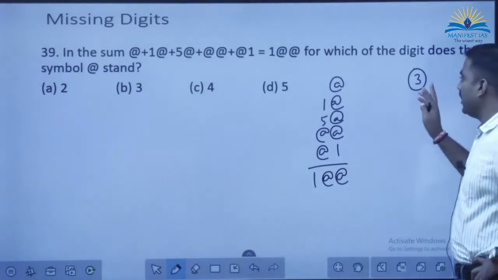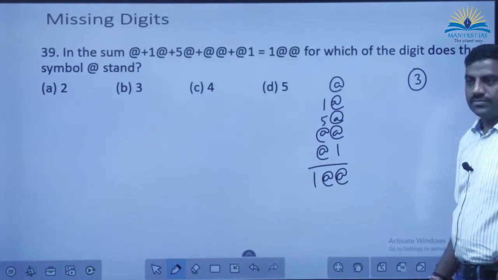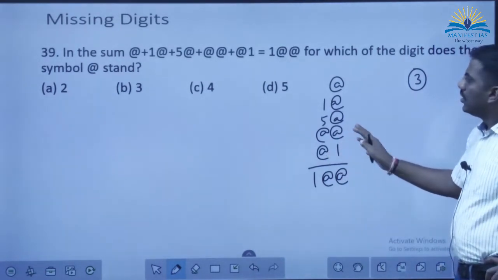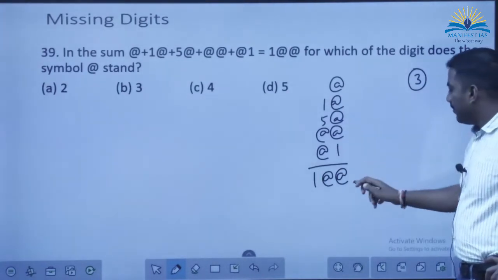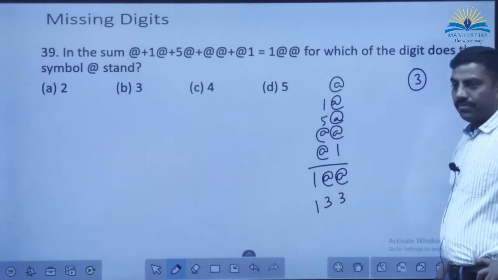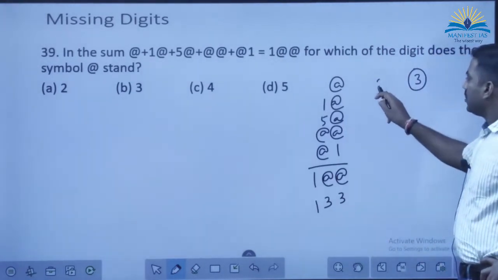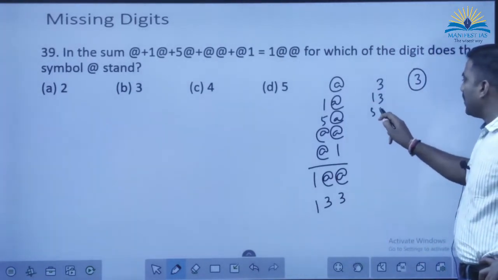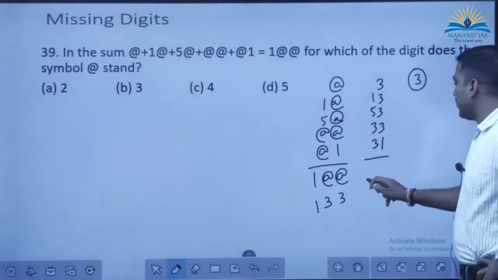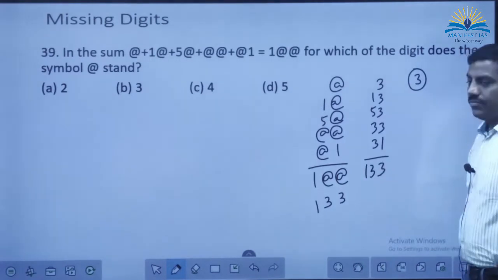No. So finally 3 is the value. You can verify later. We are correct, right? So it will become 3, it will become 1. So totally 3 plus 13 plus 53 plus 33 plus 31 should give us the value of 133.